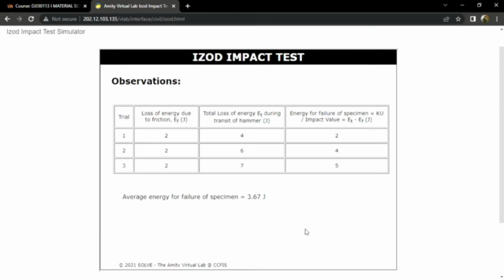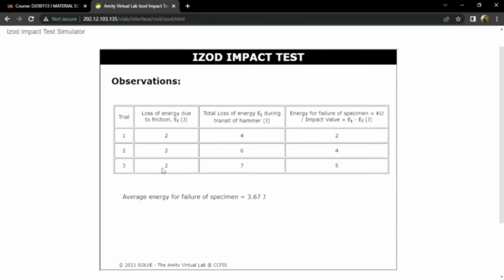So the observation that we got here is for trial 1, loss of energy due to friction EF is 2, total loss of energy during transit of hammer is 4, and then energy for failure of specimen is 2. And then for trial 2, loss of energy is still the same, but there's a change in total loss of energy, which becomes 6, and then energy for failure of specimen is 4.